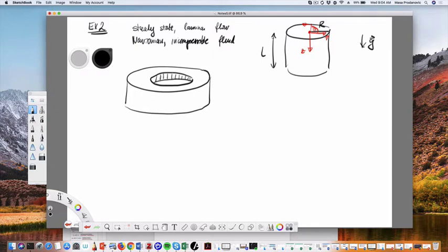So this thickness is in the z direction, delta z. It's delta r thick in the r direction.